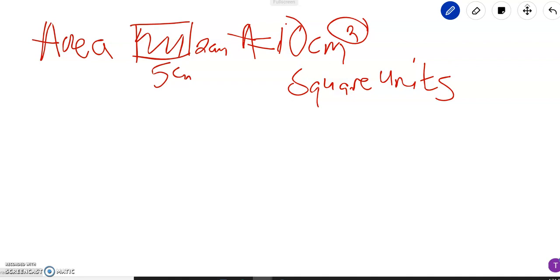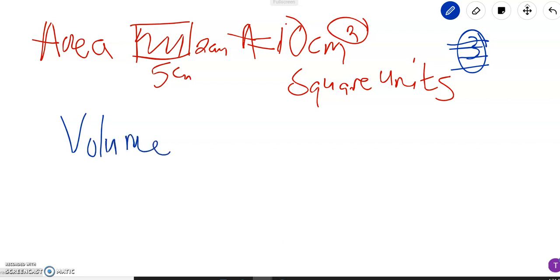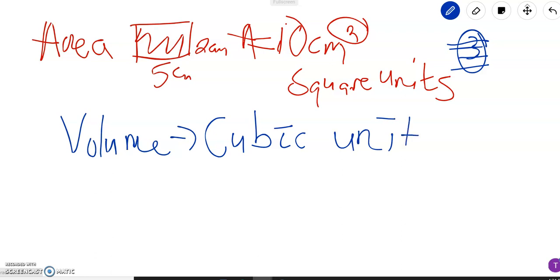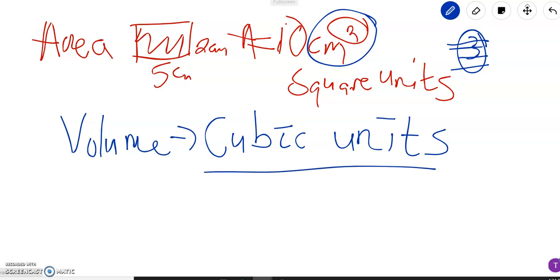We will learn about squaring numbers. Then when something has an index or an exponent of 3, it's cubed. So for volume, we are going to use cubic units, not just straight up units like perimeter, like 20 centimeters, or square units like 10 square centimeters. Nope, we're going to be using cubic units.